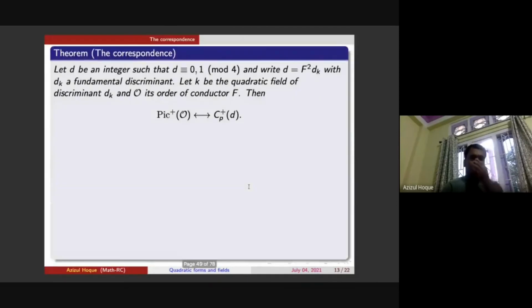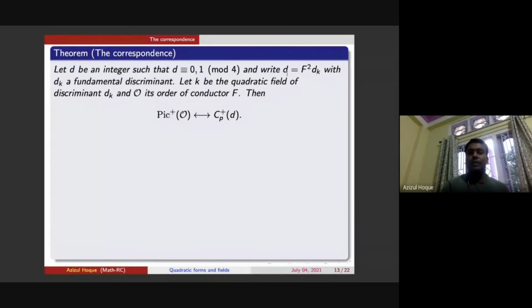Okay. So now look at this correspondence. I start with an integer D, and D is congruent to 0 or 1 mod 4. That means D is the discriminant of some quadratic form.